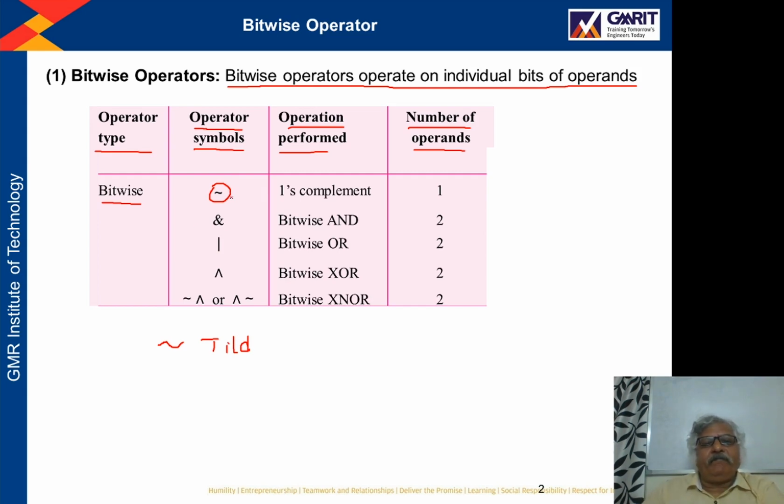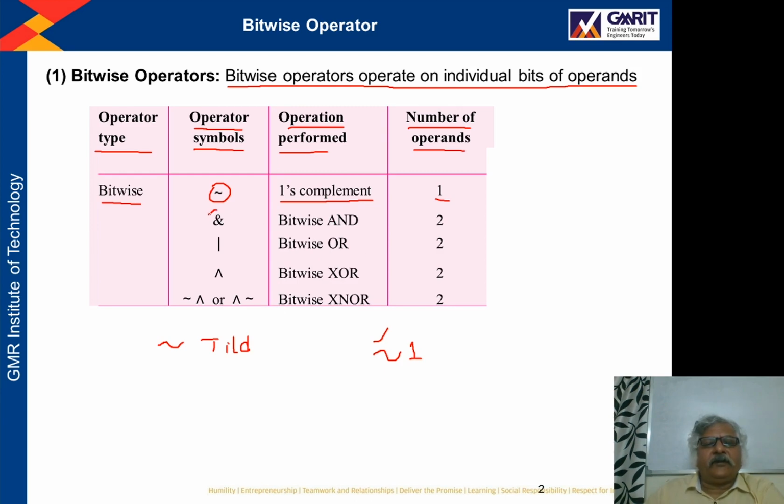This operator performs the one's complement operation. To perform a one's complement operation we require only one operand. For example, suppose there is some binary value 1 and we want to perform the one's complement. You require only one operand, and this operator will perform the one's complement. We will discuss all these operators in detail.